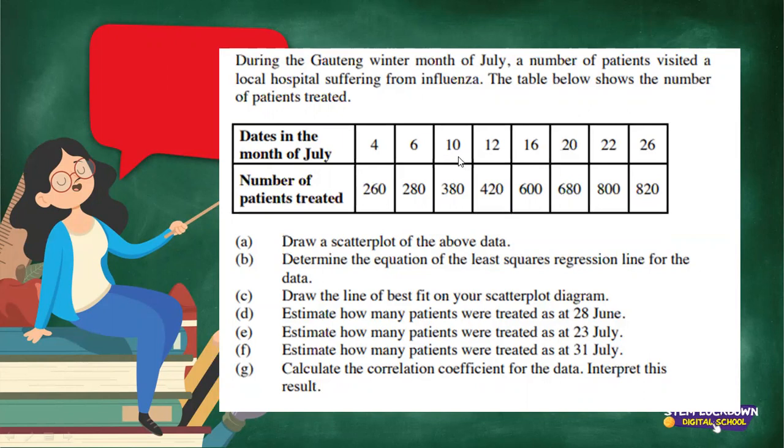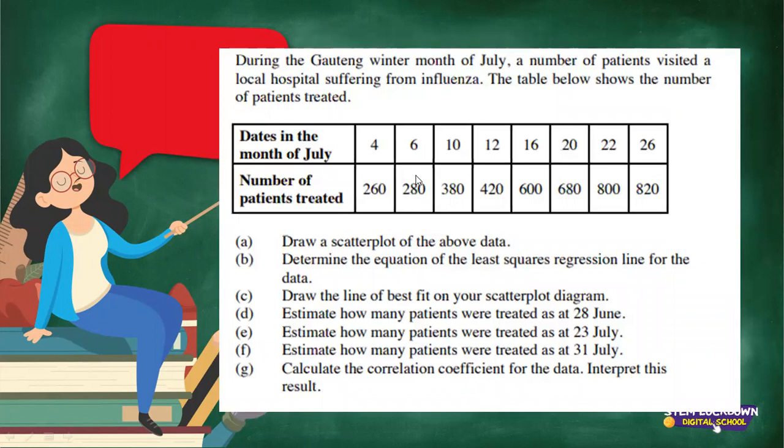So we want to check now, is there any correlation between the dates? As the date increases, does that imply that the number of cases of influenza will increase? Is there any relationship between the dates and the cases of influenza?